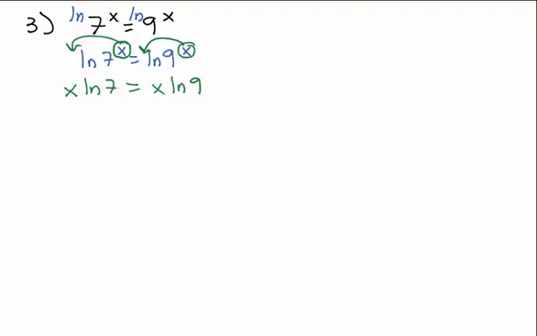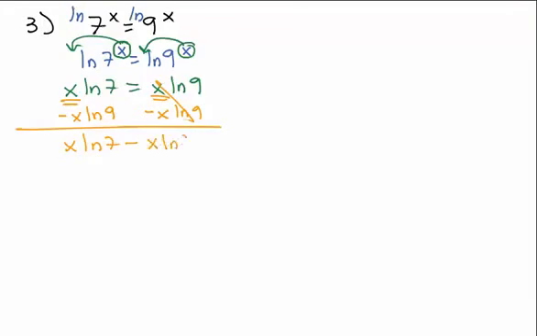Thinking back to when we solved our linear equations, we need to get all the variables on the same side. So let's subtract x natural log of 9 from both sides. When we do, we get x natural log of 7 minus x natural log of 9 equals, anything minus itself is always 0.